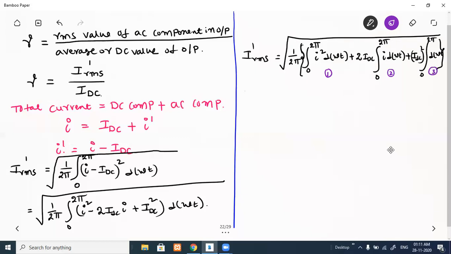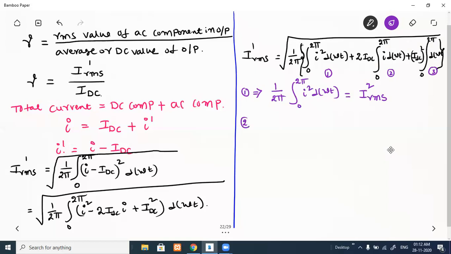So the first term becomes 1 by 2 pi integral 0 to 2 pi I square d omega t, which is equal to I_RMS square. In general there is a square root, but now there is no square root. That's why I'm calling it I_RMS dash square.